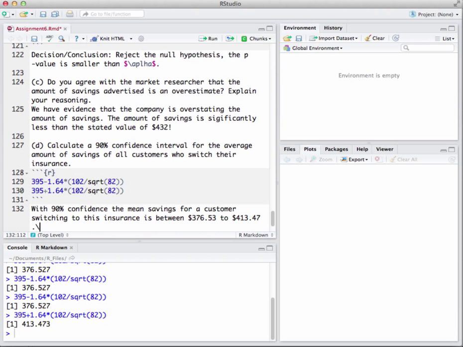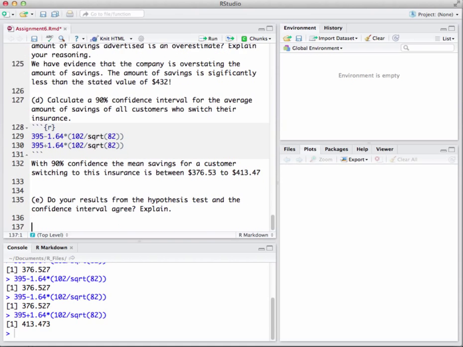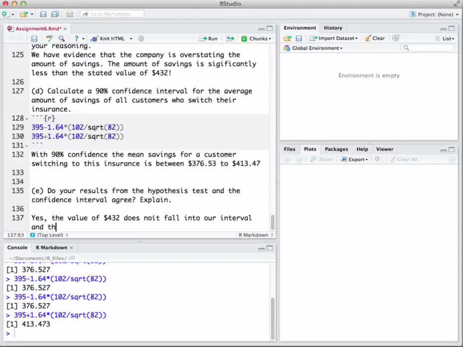That's the next thing that they're going to want to ask, or want us to answer for them. So let's take a look. It says, do the results from the hypothesis test and the confidence interval agree? Explain. And say, yes, the value of 432 does not fall into our interval, and therefore would be deemed an unusual event.